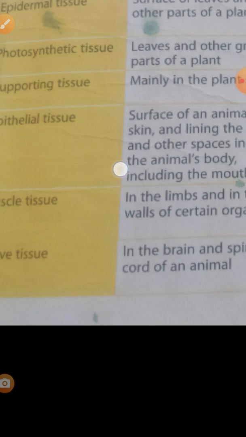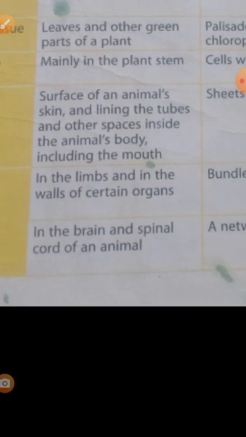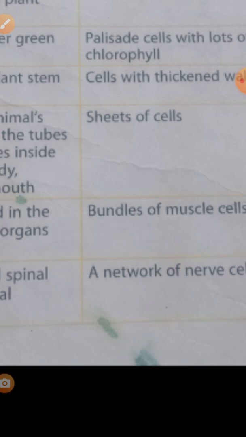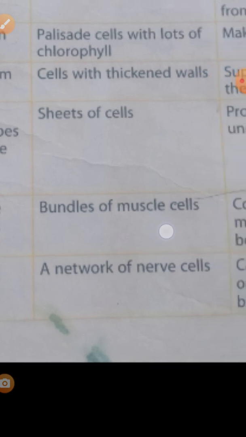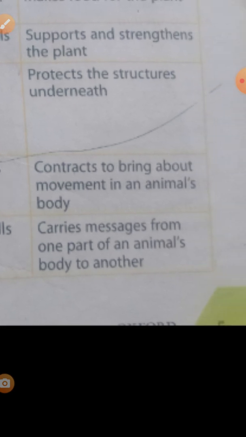Now another kind of tissue, muscle tissues. They are found in the limbs and in the walls of certain organs, and they are made up of bundles of muscle cells and contract to bring about movement in an animal's body.